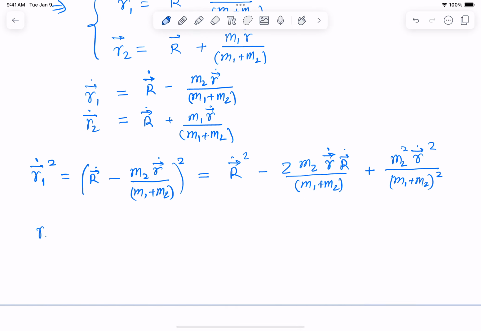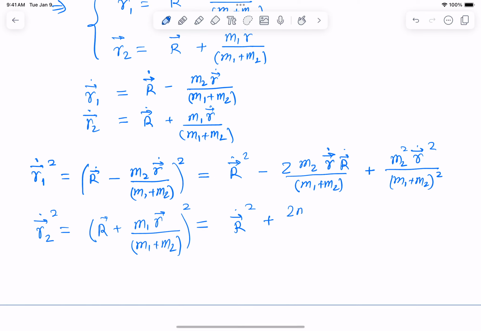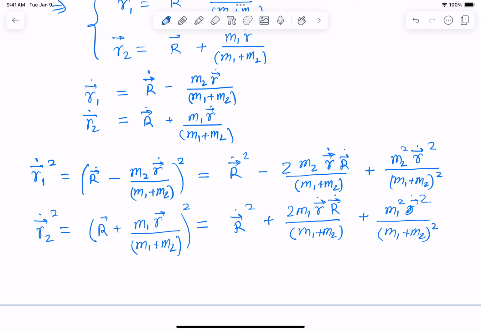Okay, and r2 dot squared is going to be again capital R dot plus m1 r dot divided by m1 plus m2, the whole thing squared, which will give you capital R dot squared plus 2 m1 r dot capital R dot by m1 plus m2 plus m1 squared r dot squared divided by m1 plus m2 whole squared.